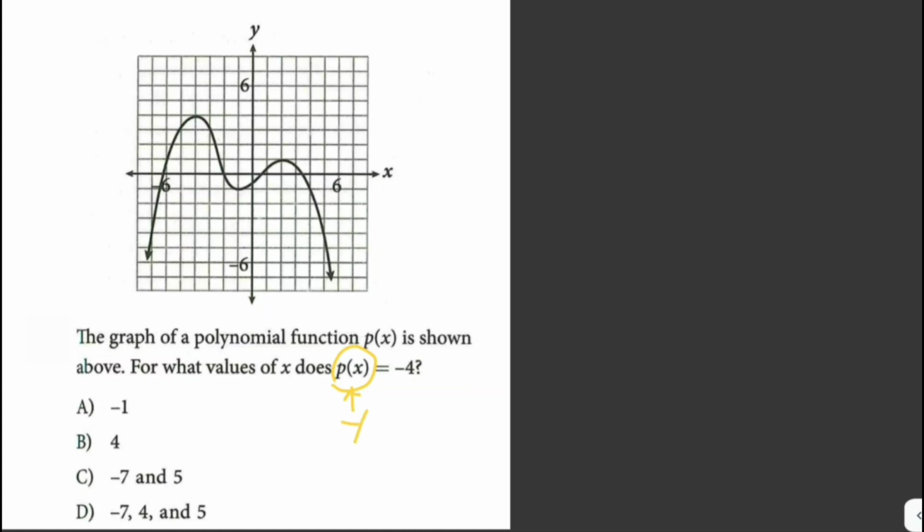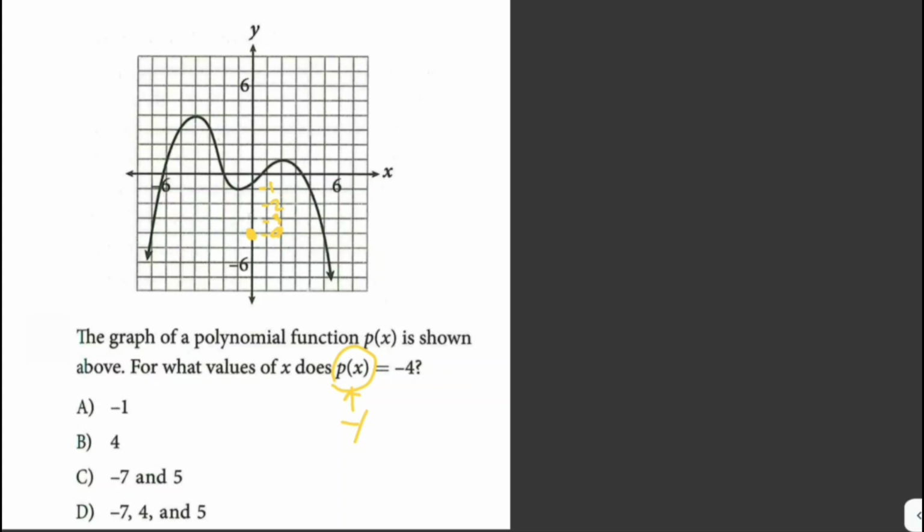Okay, so how are we going to do this? We can just draw a line across the graph at y equals -4. So let's say this is -1, -2, -3, -4.